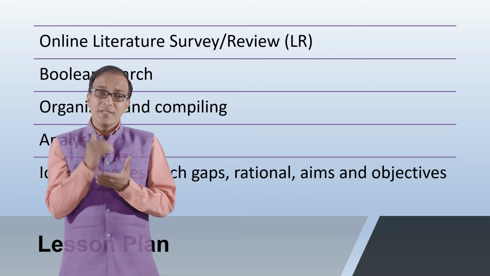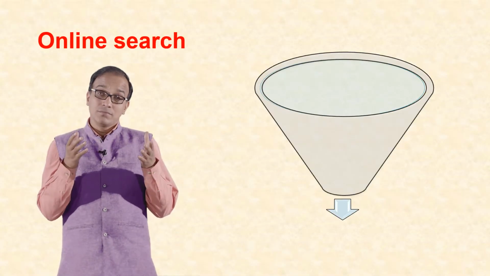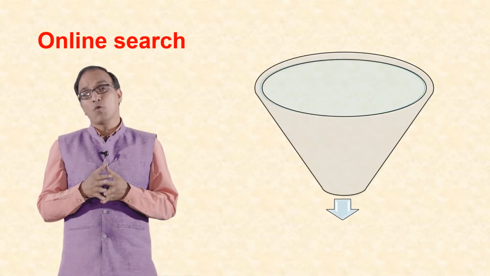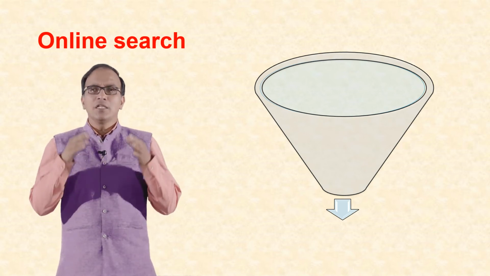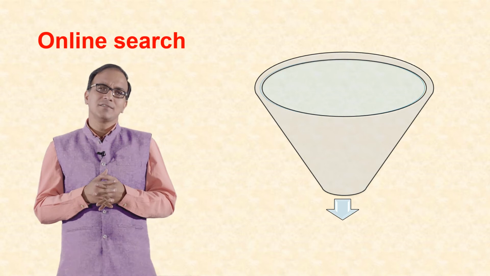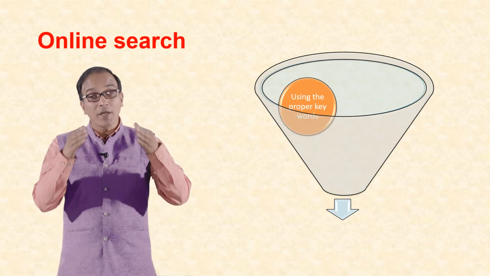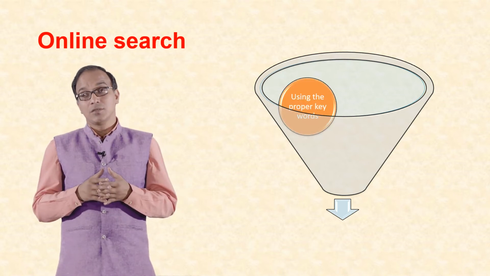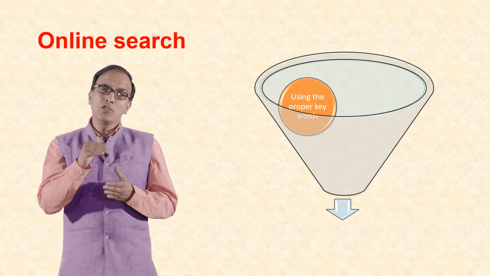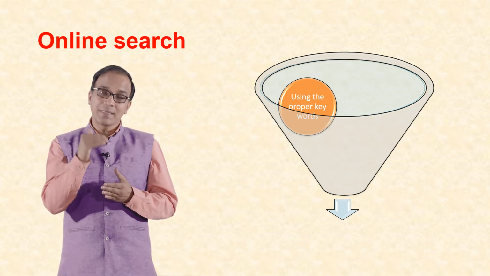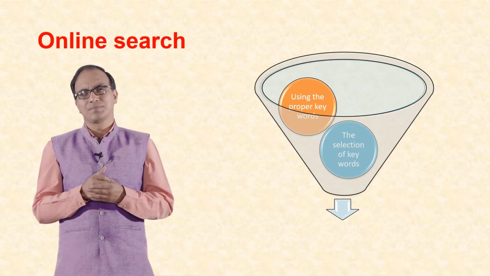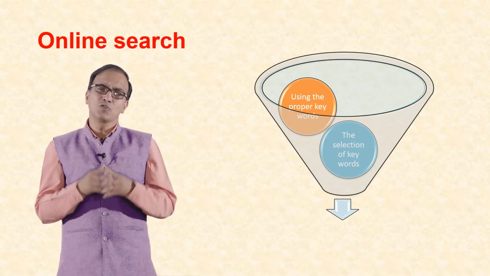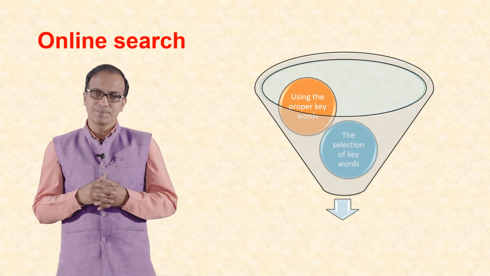Now we will commence with some keys of online search. First and foremost thing is using the proper keywords for entering into the search bar of the databases like Google Scholar, Scopus, etc. It is very important to select a particular keyword.